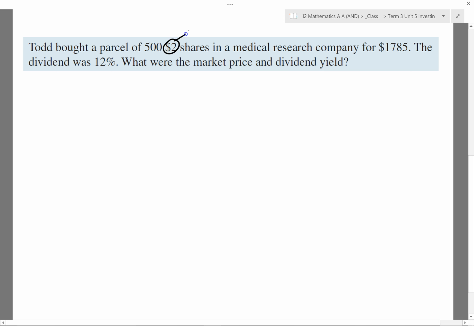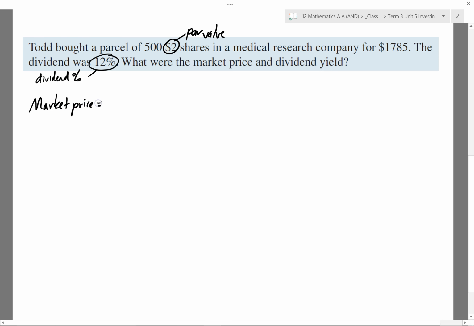This $2 is the par value, or the face value. The dividend was 12%. Didn't say dividend yield, so I need to assume that this is the dividend percentage. What were the market price and dividend yield?